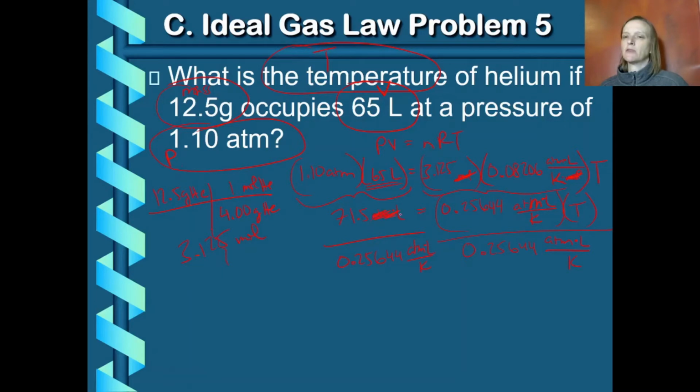Notice that my atmospheres and liters cancel out with my atmospheres and liters, and then I do 71.5 divided by 0.25644, and I get an answer of, according to my calculator, 278.82 Kelvin. Those values canceled out. So this is my value for temperature.